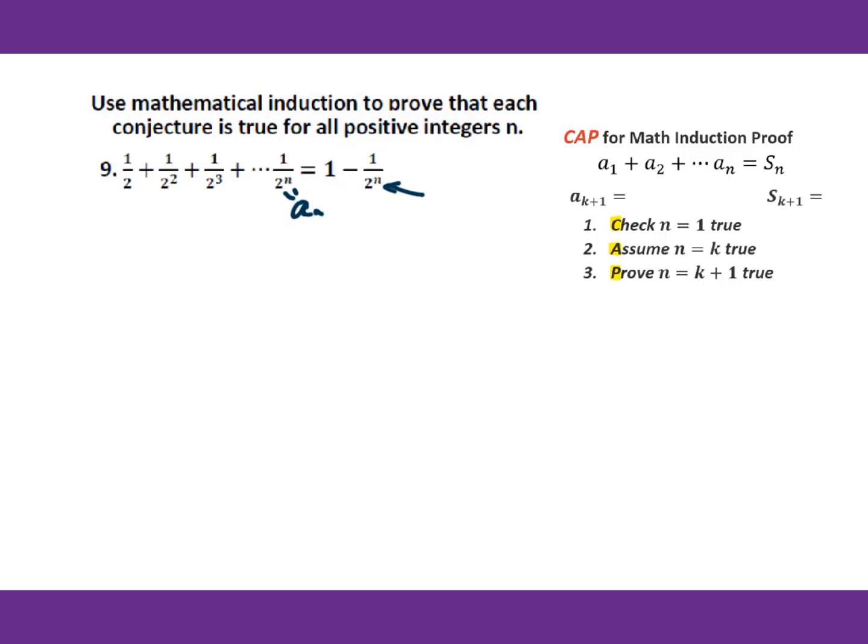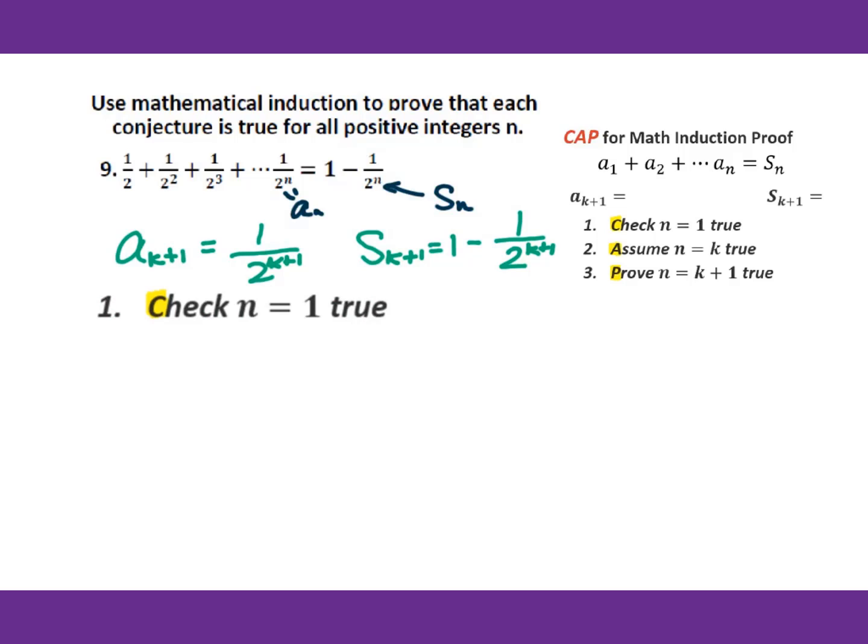This one means s sub n. So we get a sub k plus 1. Every single n changing into k plus 1, we got 1 over k plus 1. For s sub k plus 1, you will get 1 minus 1 over 2 to the k plus 1's power.